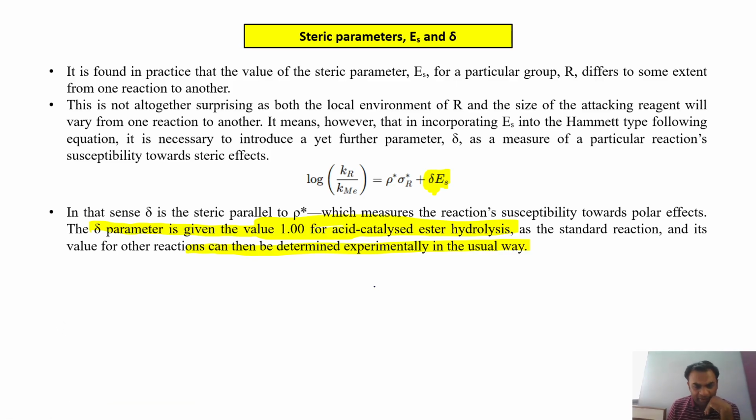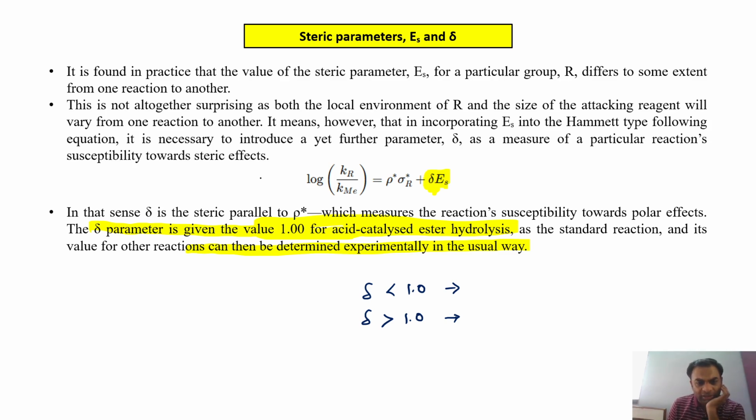If any reaction has delta less than 1, it means that the incoming reagent or attacking reagent has less steric effect compared to acid catalyzed hydrolysis. And if delta is more than 1, it indicates that the attacking reagent has more steric effect compared to acid catalyzed ester hydrolysis.